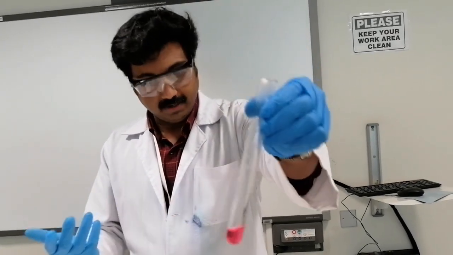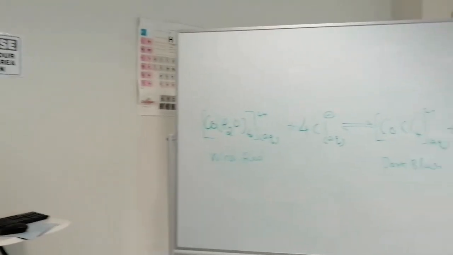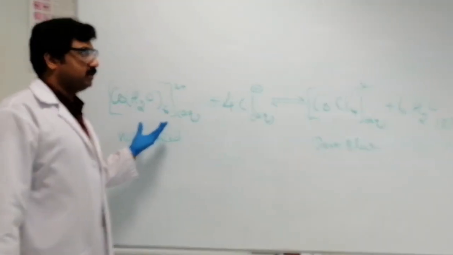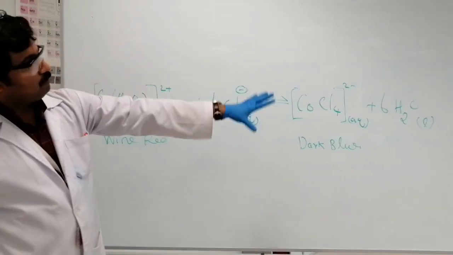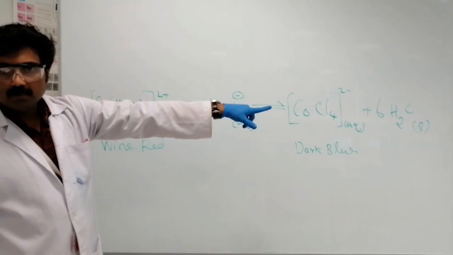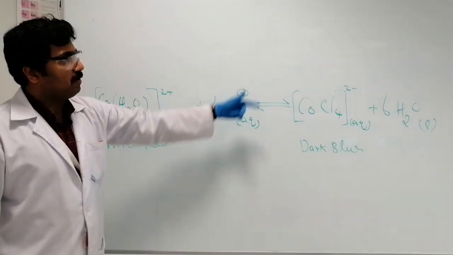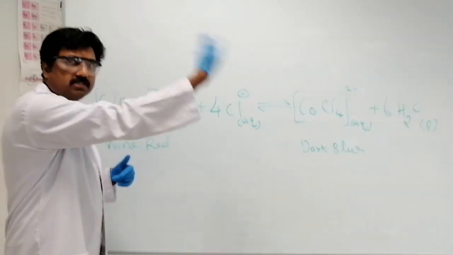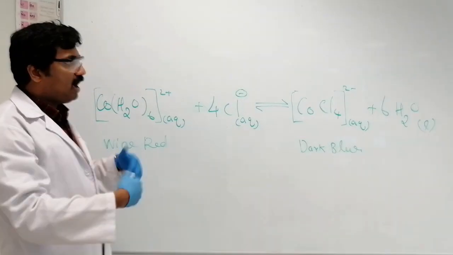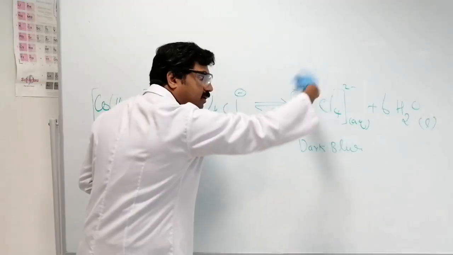So what does it mean? We have to go back to the equation once again. As you can see from this equation, on the product side we have water as a product. So what I did here is I took the test tube, and after reaching equilibrium, I added excess water. When I add excess water, I'm increasing the concentration of water on the product side.